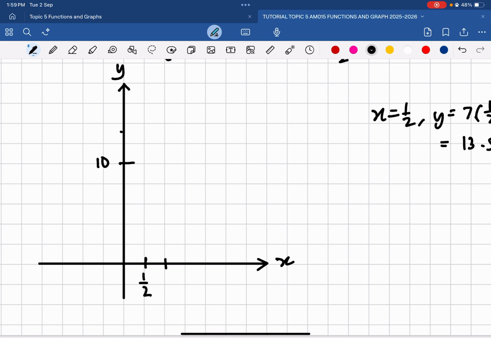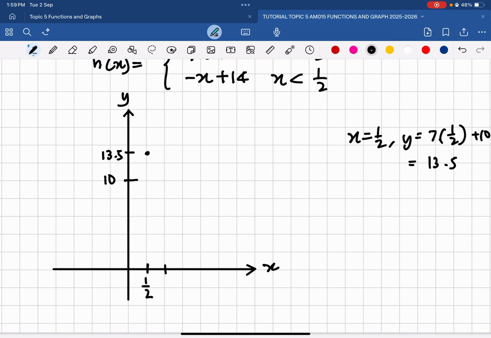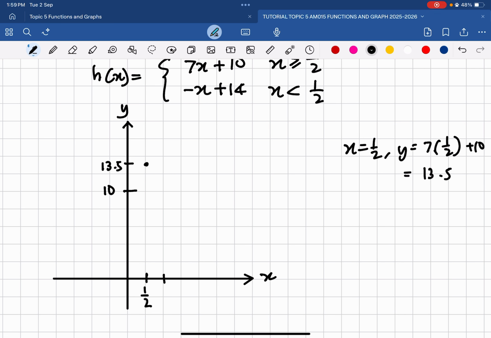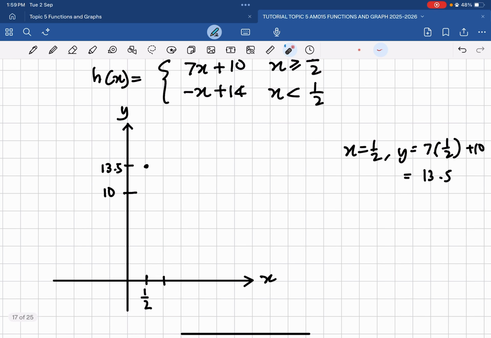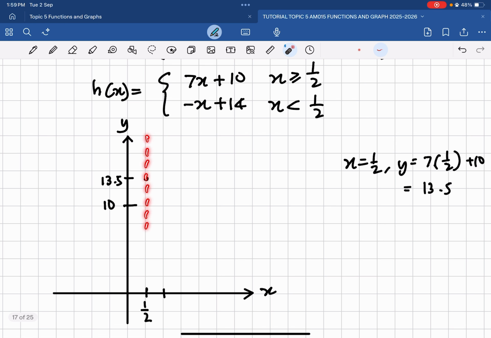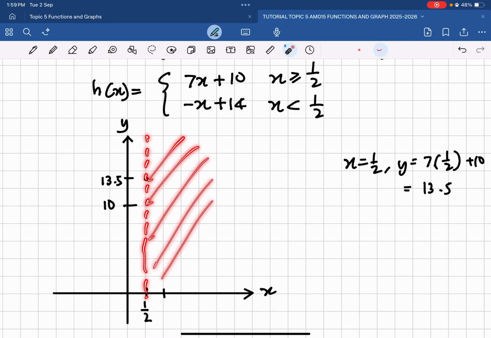Somewhere here. So the graph will be for x greater than or equal to 1 over 2, going somewhere about here.